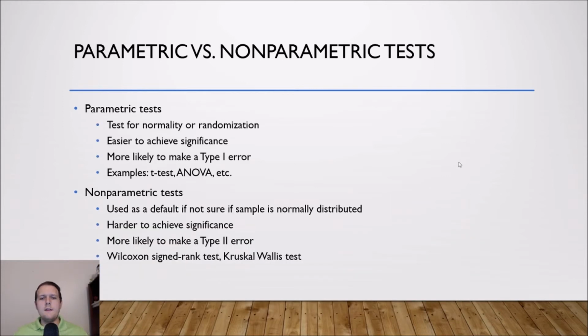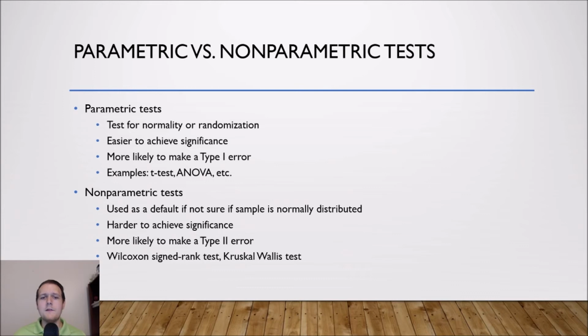All right, so looking at the difference between parametric and non-parametric tests, remember that with a parametric test, you're going under the assumption that you have a normally distributed set of data. So you either needed to test that by testing for normality, or if you had a really good randomization procedure and a large sample size, that usually will help you to be more well assured that, yes, this is probably a normally distributed data set. Remember, the calculations you're using, whether it's a t-test or an ANOVA, make it easier to achieve significance, right?